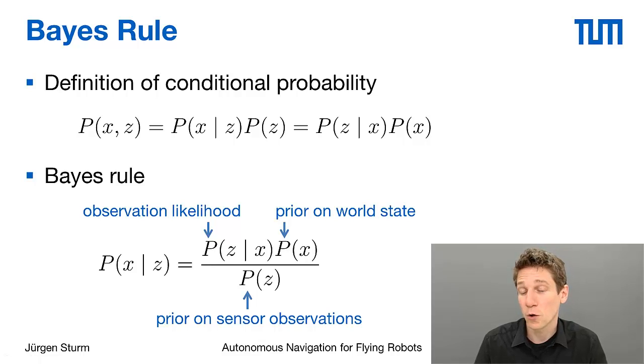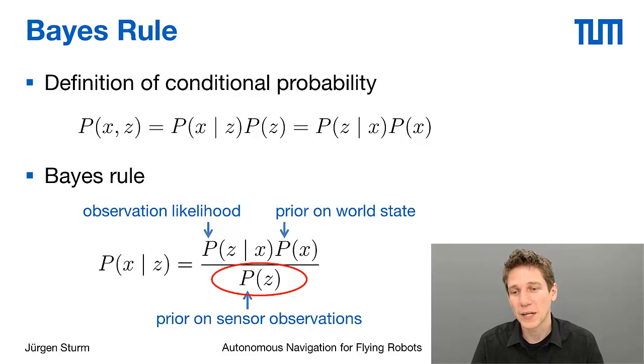That's typically either known from the previous time step, or you just assume a certain prior, depending on your application. But then you have in the denominator the prior on sensor observations, and that's typically very hard to specify. This term generally says how likely it is to make a certain sensor measurement.